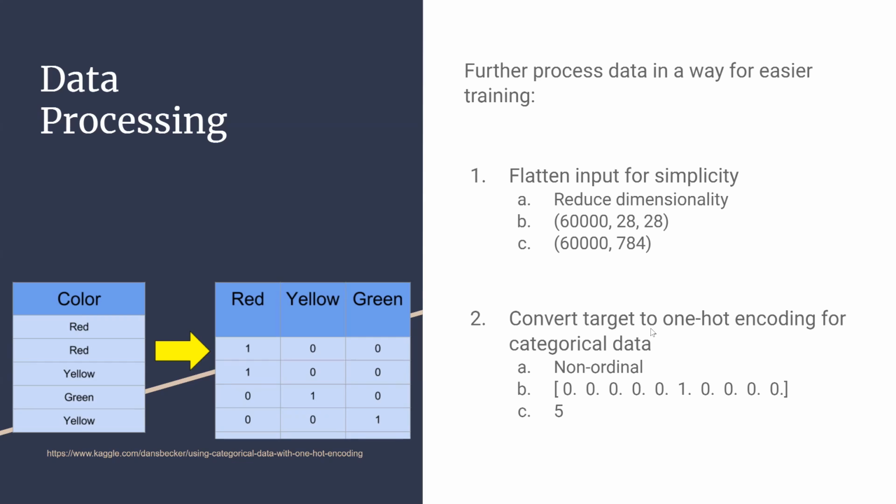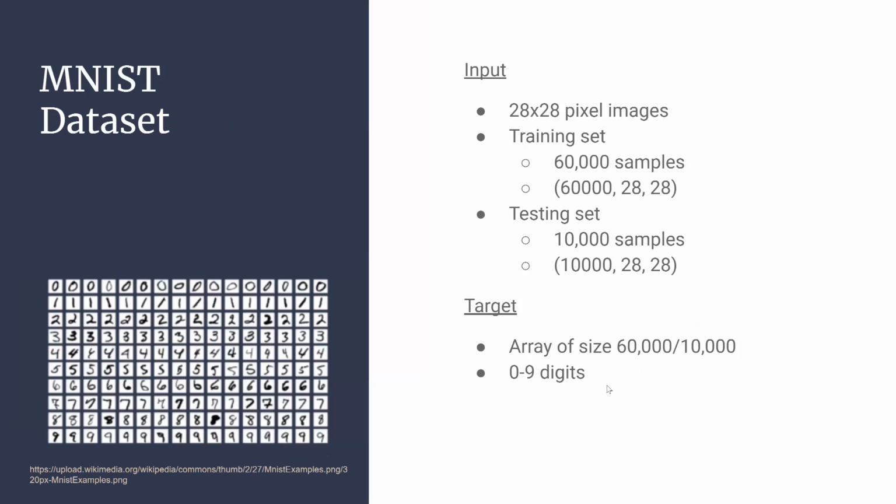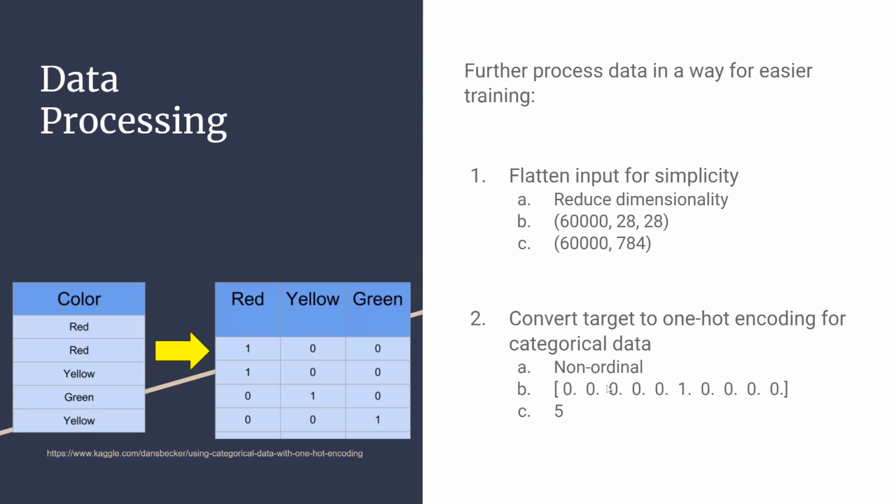The other part is, since we're doing a classification problem, we want to convert the target. So what we said, 0 to 9, we want to convert it into one-hot encoding since it's categorical data.